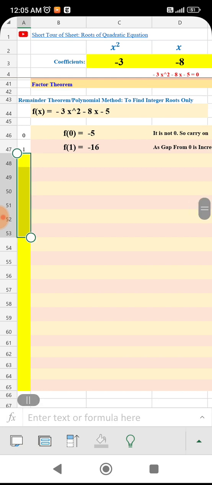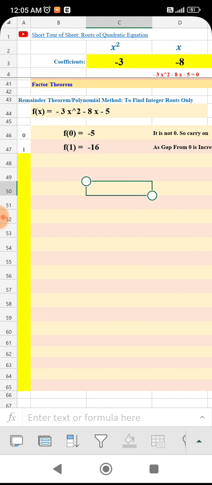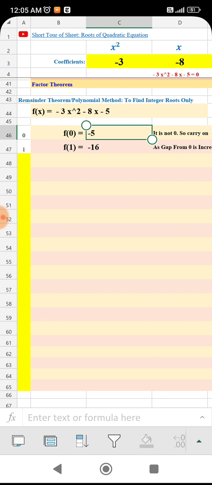So first f of 0 is -5, and f of 1 is -16. You have to calculate manually. So check here, this is -5, this is -16. That means the gap from the 0 line is increasing.